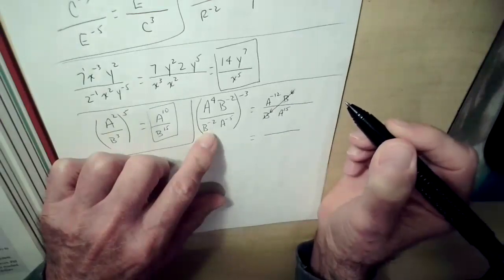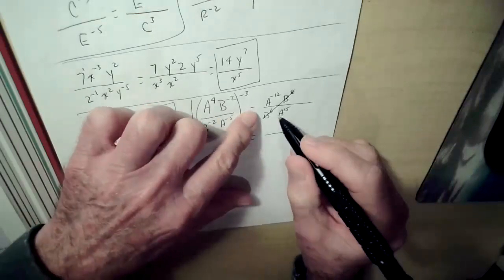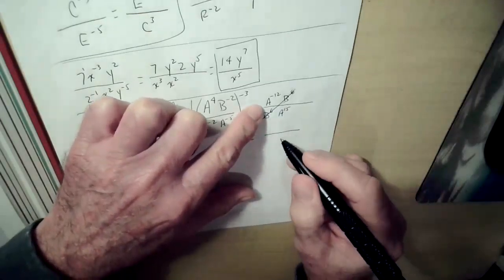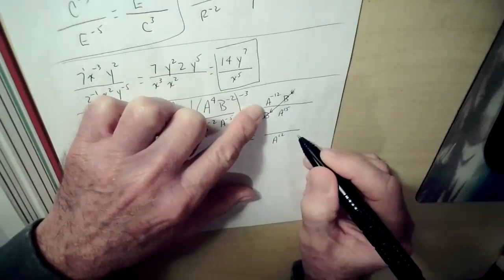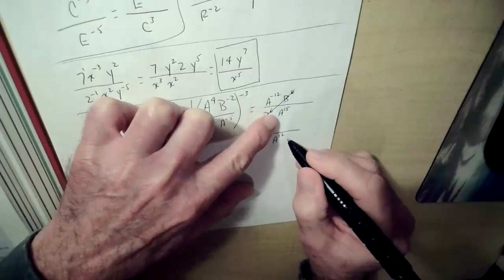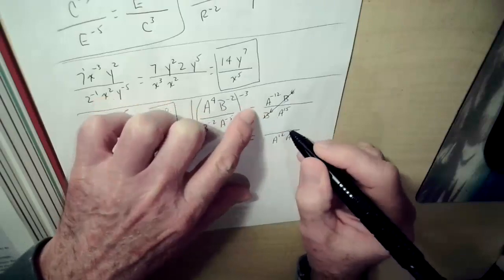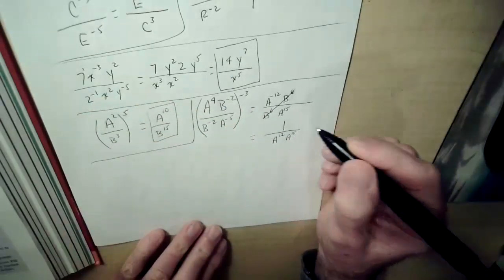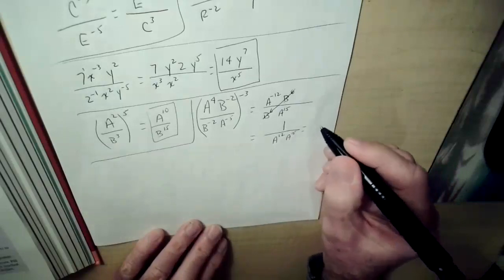Or you can think of it as any number divided by itself is 1. We have a to the minus 12 goes to the bottom, becomes positive. A to the 15 is positive, so it stays there. What's in the numerator? 1. We must have the 1 in the numerator.